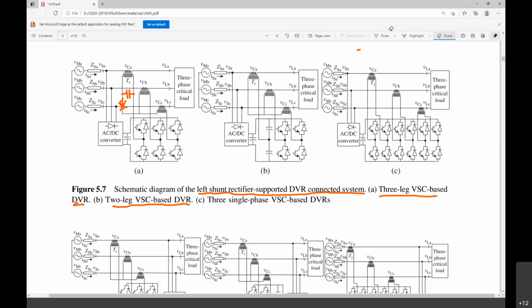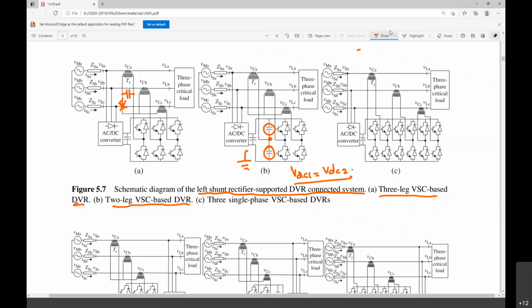If you measure the voltage at this particular point with respect to the ground, what do you expect? You expect the voltage at this point to be 0 volts with respect to the ground point, when the capacitor voltages are such that VDC1 is equal to VDC2. If you measure the voltage at this neutral ground, the voltage should be 0.